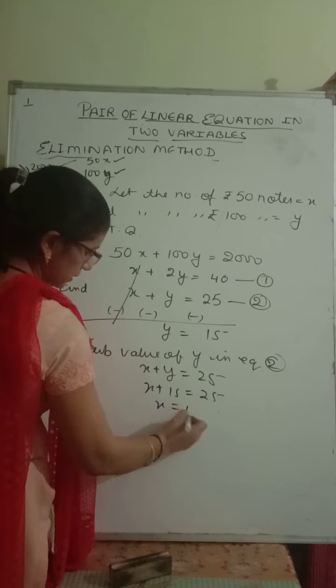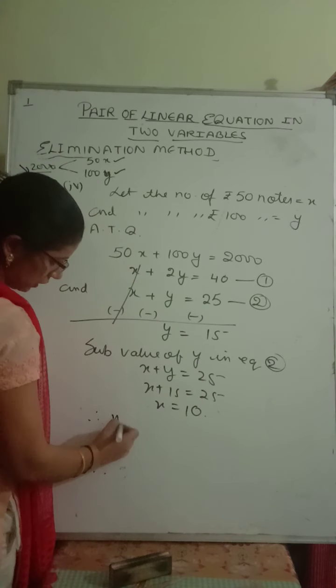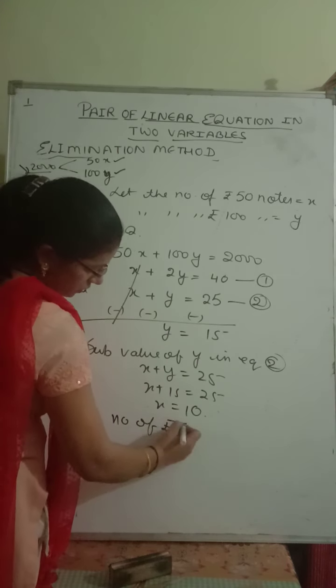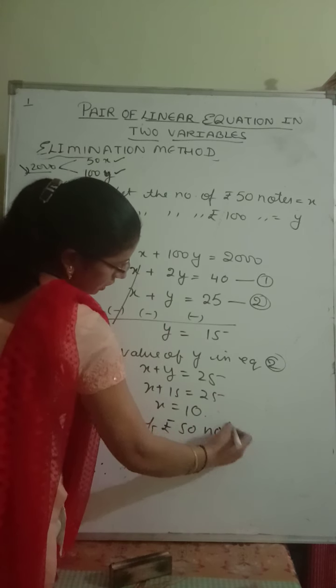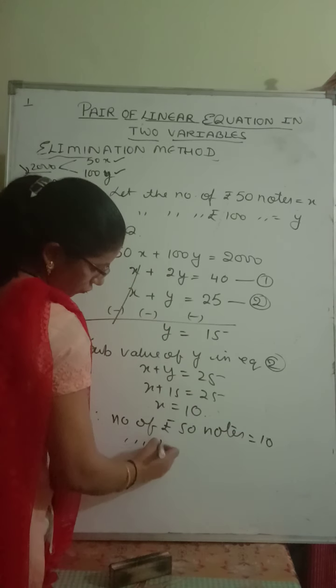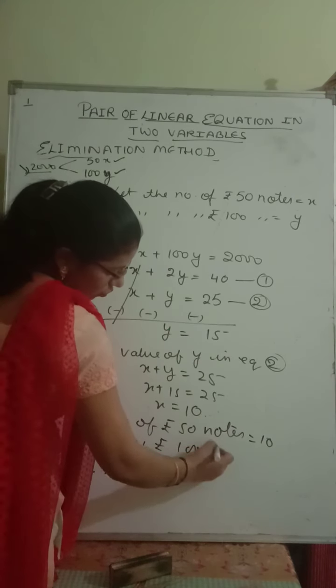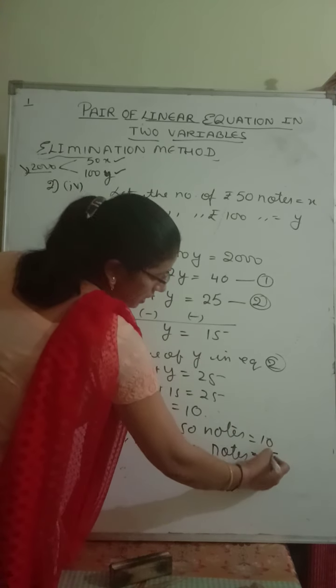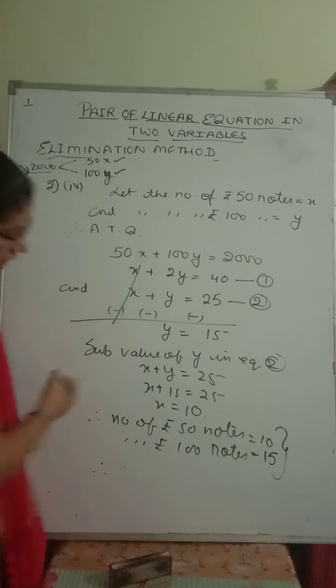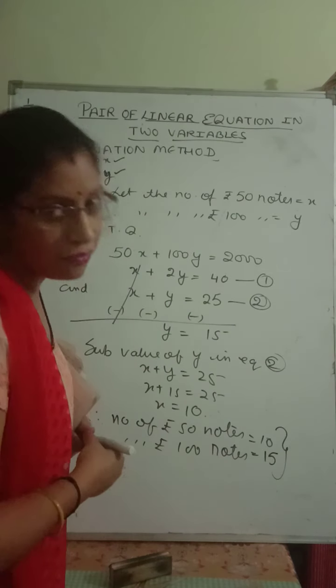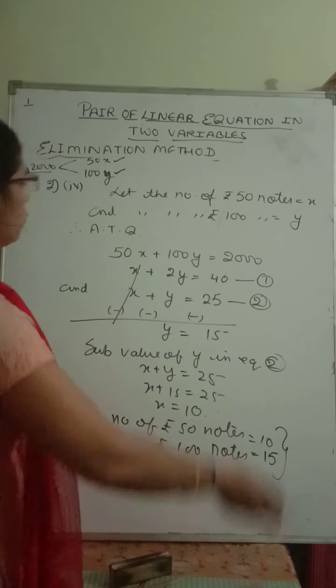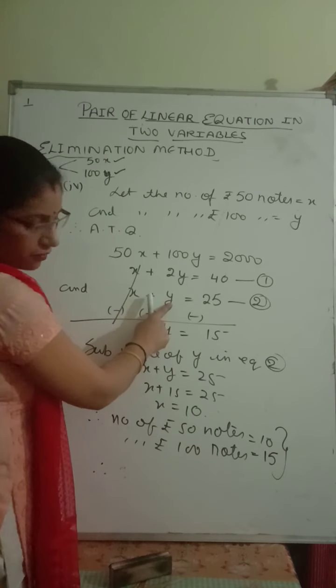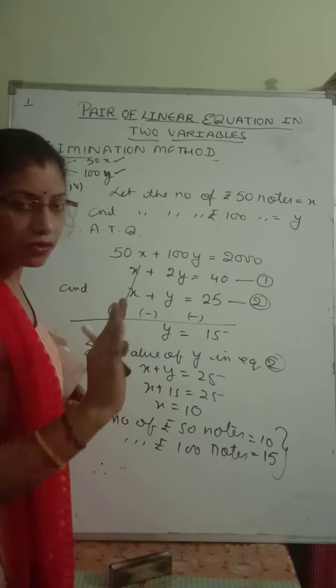Therefore x equals to 10. So therefore number of rupees 50 notes is 10 and number of rupees 100 notes is how many? 15. इसका मतलब 50 रुपीज के 10 नोट्स और 100 रुपीज के 15 नोट्स। देखो 10 plus 15 is 25, total number of notes he got.